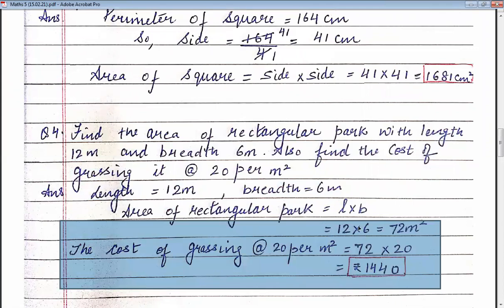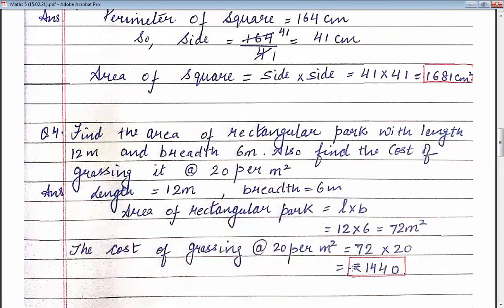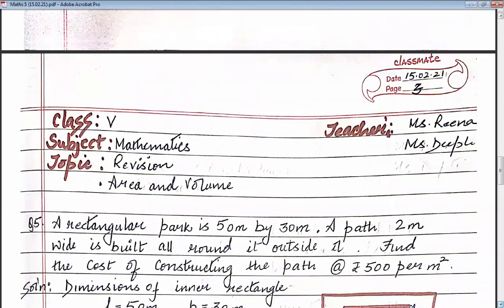Area multiplied by the rupees given. So it will be 72 multiplied by 20, and your answer after multiplication is rupees 1440. Okay, students, I hope you are clear with this question. Now let's move on to question number 5.